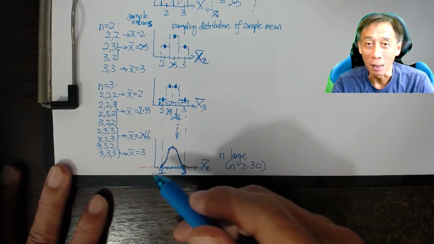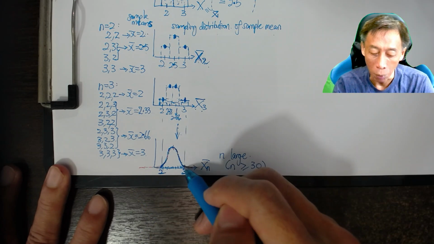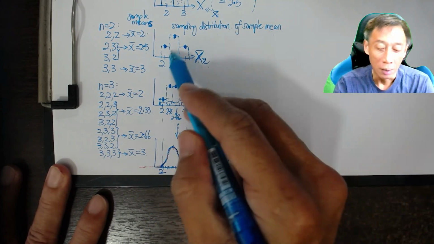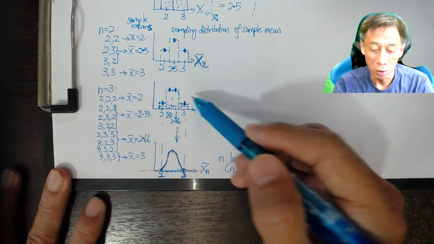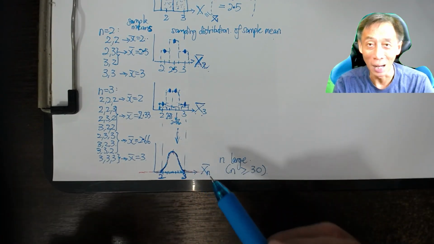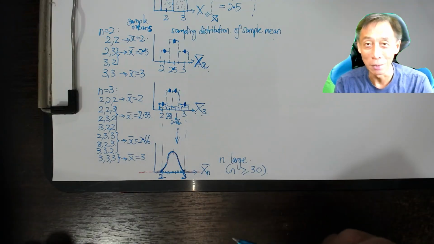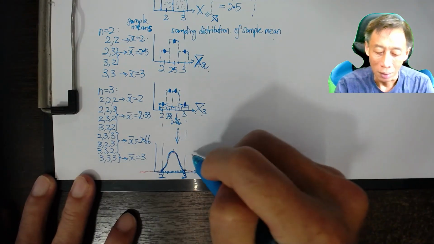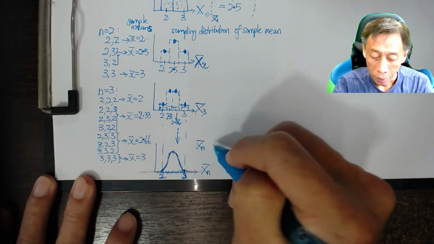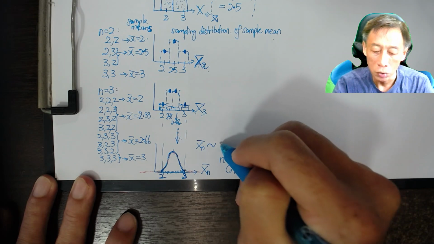That's okay, because when we say that, well, our sampling distribution of the sample mean, at first, is not a bell curve, but when n is large enough, it is a bell curve, right? By ignoring the tail a little bit, we say x bar n follows a normal distribution.